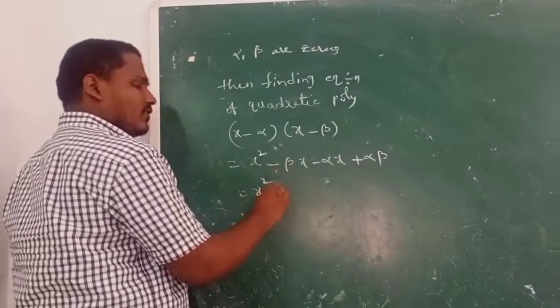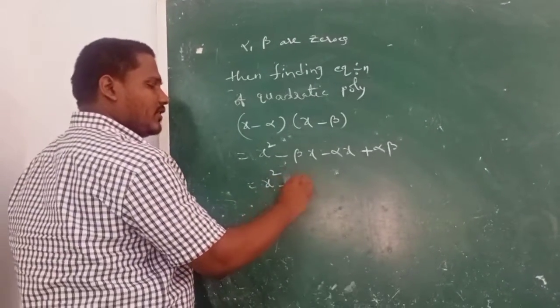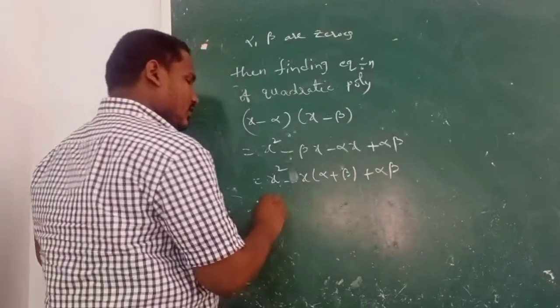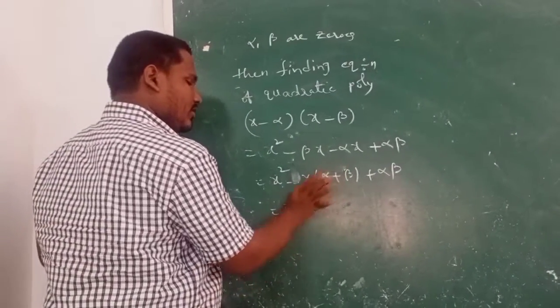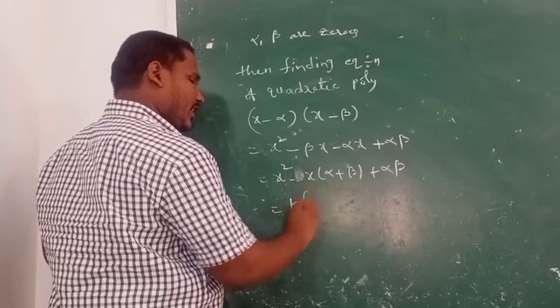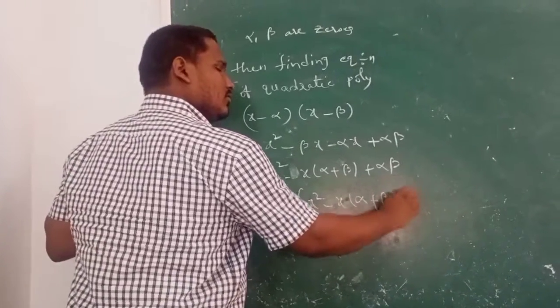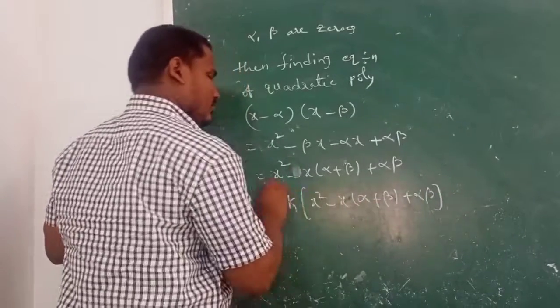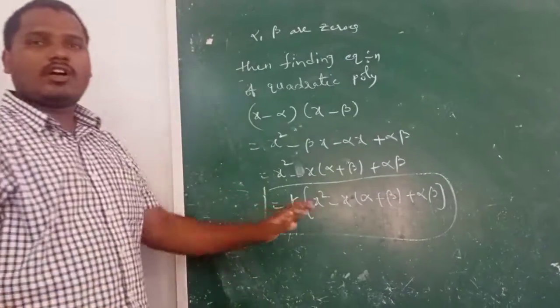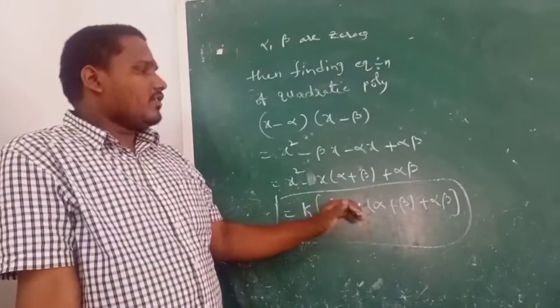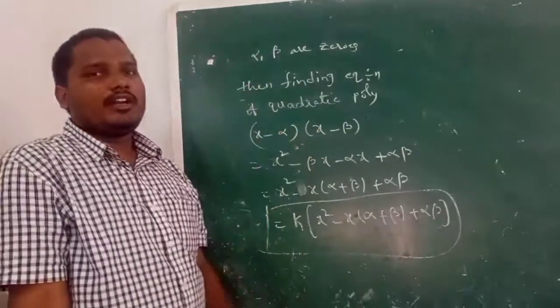Here x will be common, so it is x square minus alpha plus beta times x plus alpha beta. This is the formula for finding the quadratic polynomial equation if alpha comma beta are zeros.